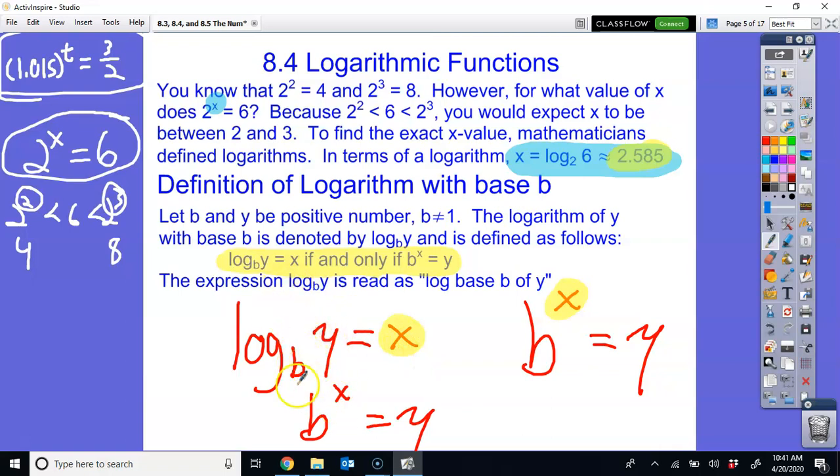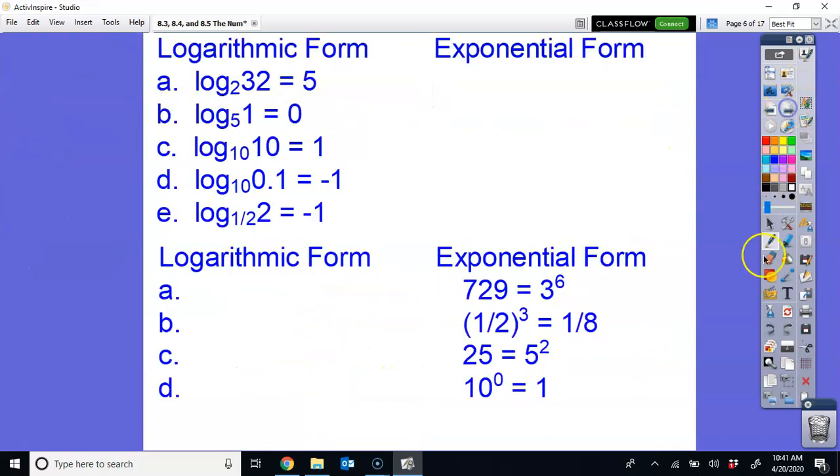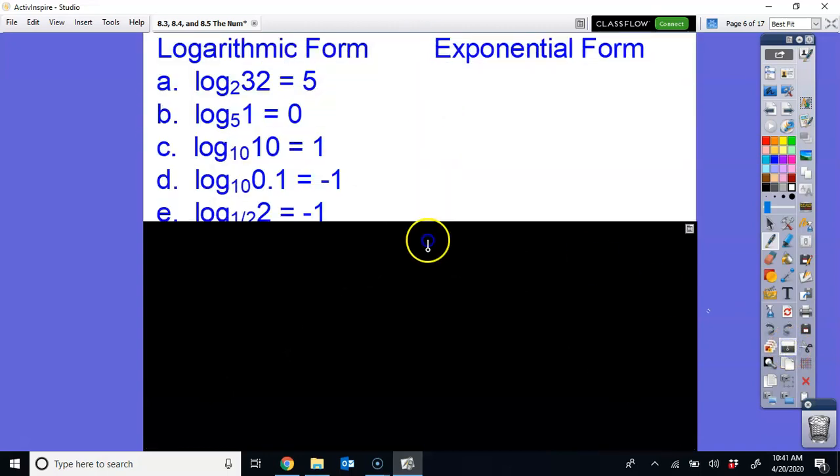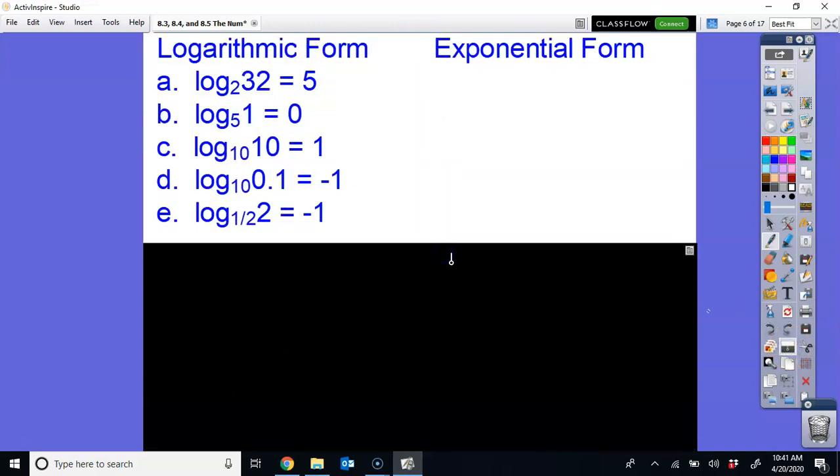So that's the first thing we're going to practice, rewriting them from one form to the next. So you may want to take a second, copy these down, and then I'm going to do one with you, and then I'm going to let you try the others before I go through them. I'll give you a second to pause the video here and copy down.